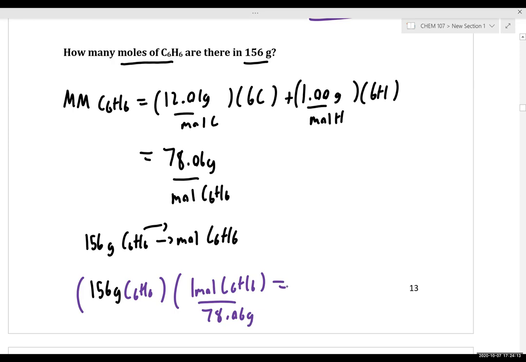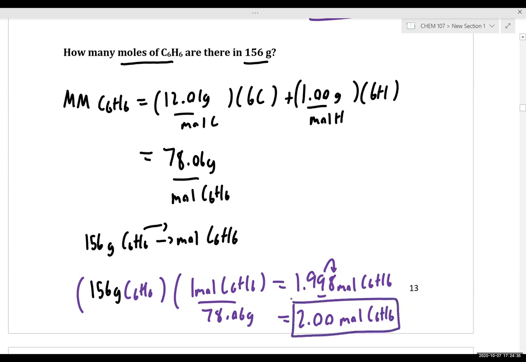Punching this into our calculator, that in turn gives us 1.998 moles of C6H6 that we immediately round to 3 sig figs, which would be 2.00 moles of C6H6.